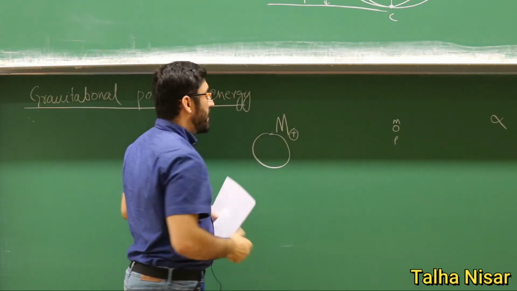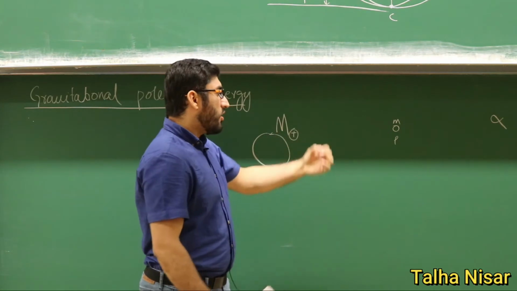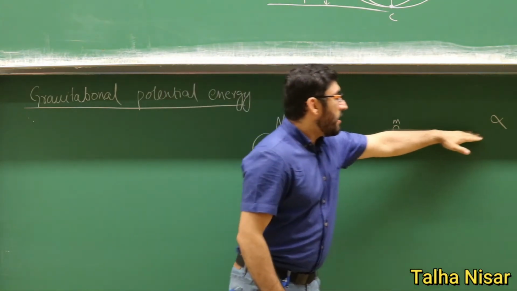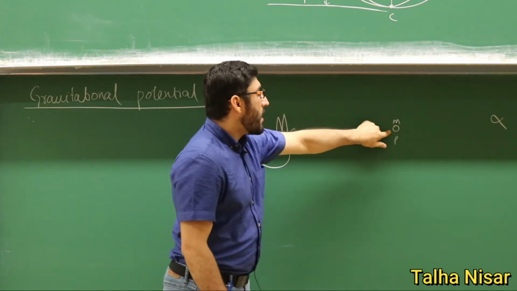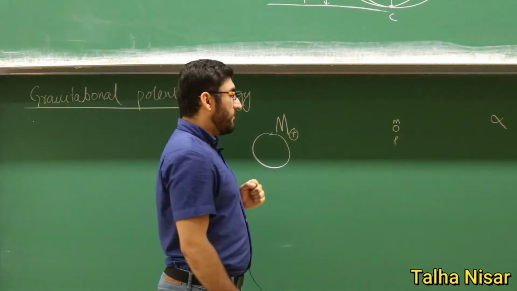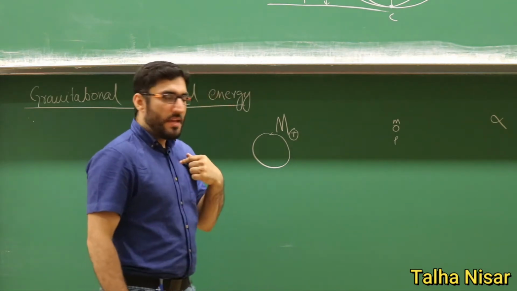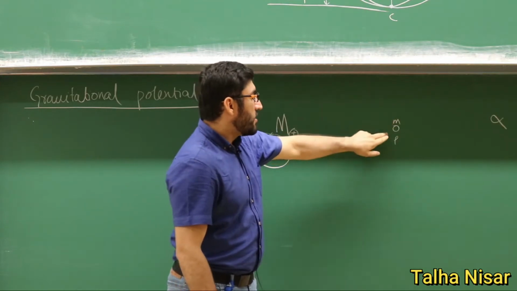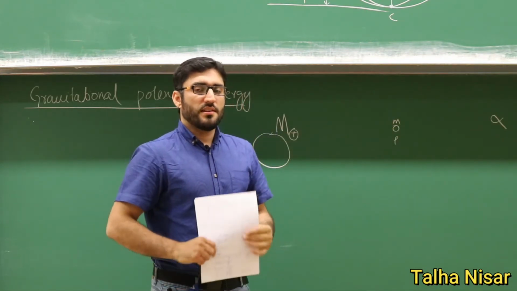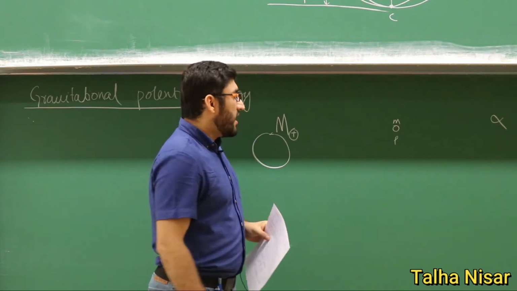So this is the mass of the Earth, and we have the small test mass, and I bring it from the infinity to this point where we feel the gravitational force. Now the work done by me when I took this object from infinity to this point is actually equal to the gravitational potential energy.